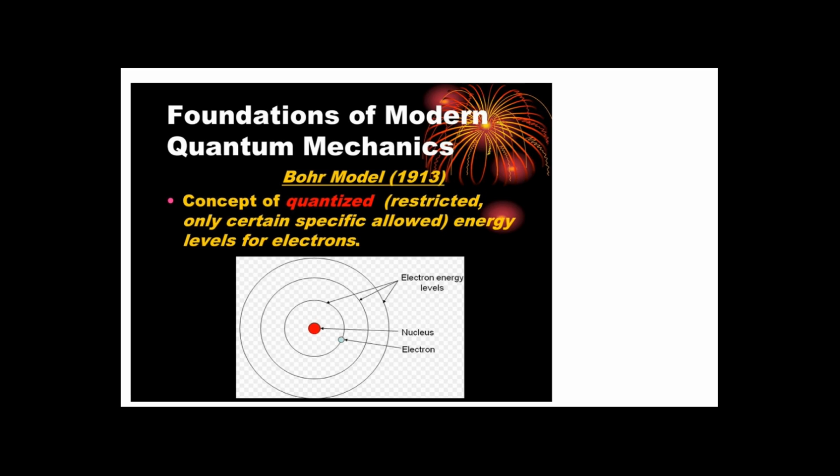It has to go directly from one level to the next one, without ever being in between. And that is why you get a specific amount of energy being given off. You don't get a band of energy, because it's never halfway between one orbit and the next one.